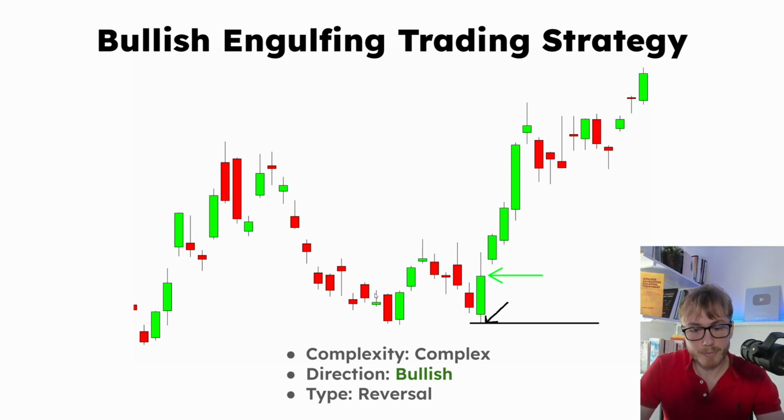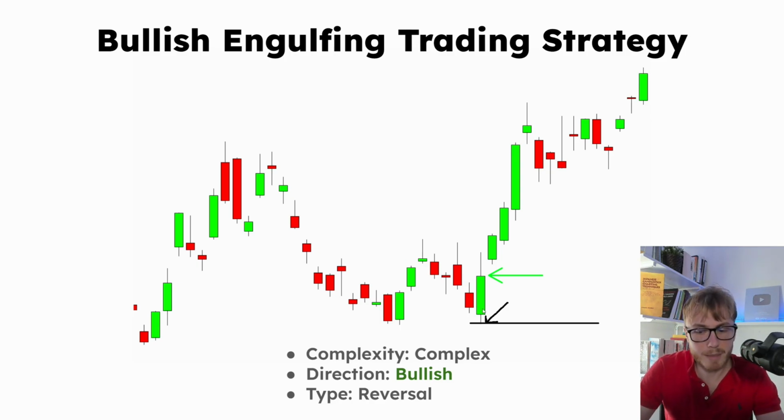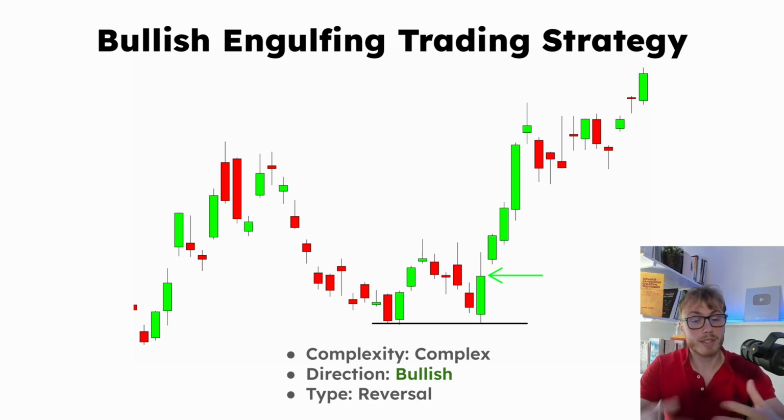Well, in this case, you can actually see that we had a low right here as well. And you can pretty much see that we have a sort of double bottom looking structure here. And when we have another low at around the same level, what I like to do is to actually place the stop loss below the sort of support created by that level. So in this case, you can see that these two lows are pretty much at the same level.